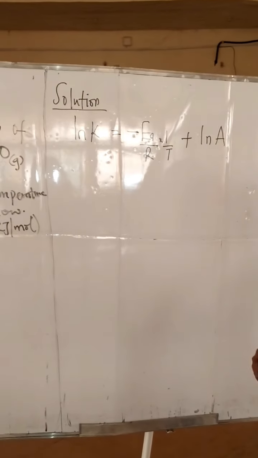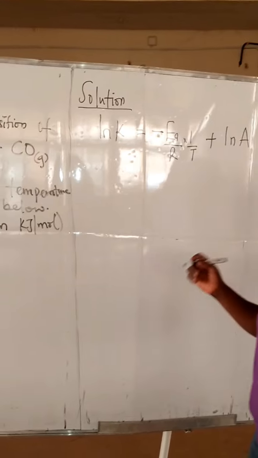And what are the things that are involved in the graph? The values.